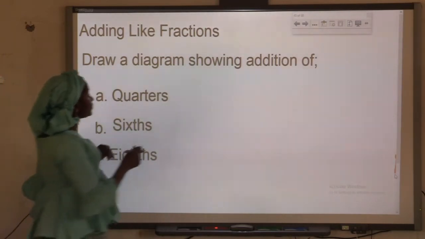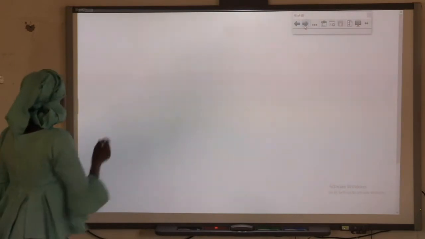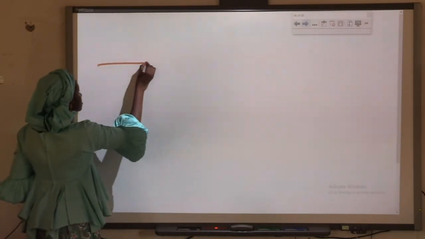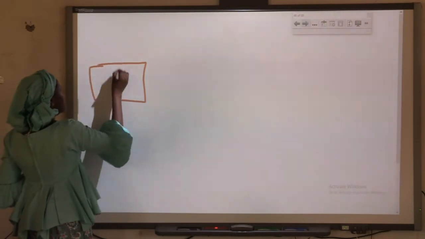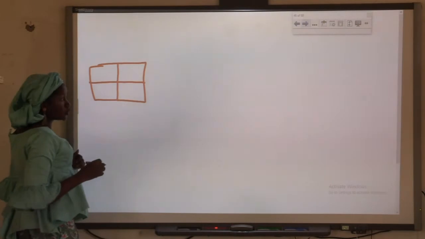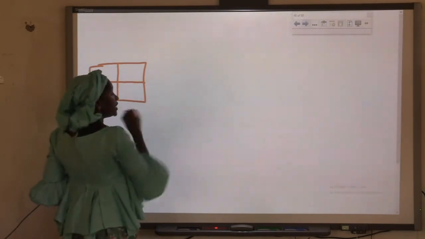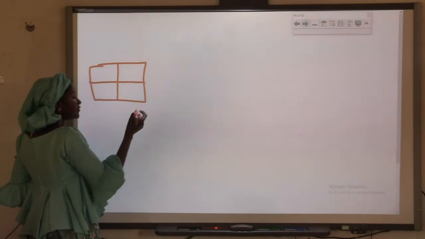A, where we have quarters, this is a whole, and it is divided into 4 equal parts. That is called quarter. And we are to add quarters. It says addition of like fractions.